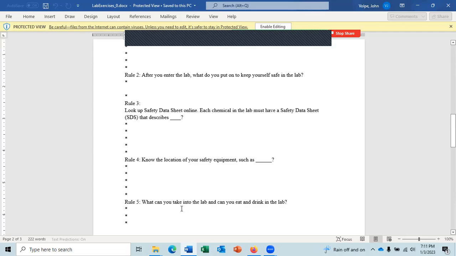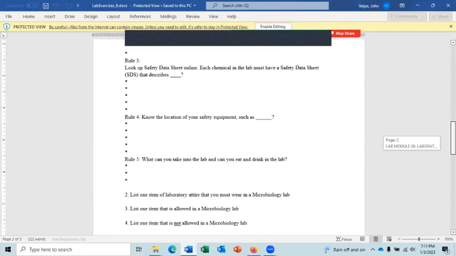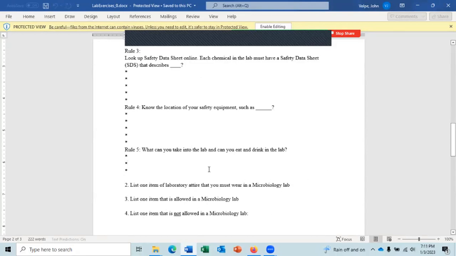What can you take into the lab? So that would be like the first one. And then, can you eat and drink in the lab? No, you can't. All right, that's fine. You cannot eat or drink in the lab. And then list one item of laboratory attire that you must wear in the microbiology lab.